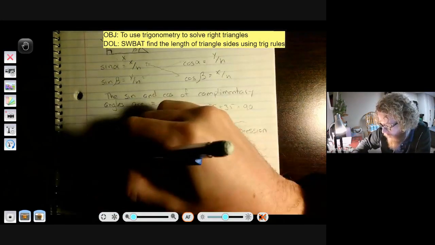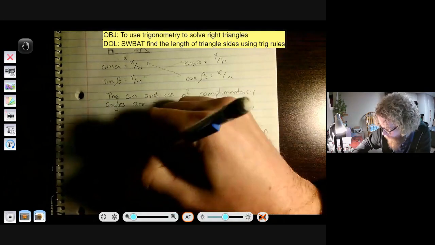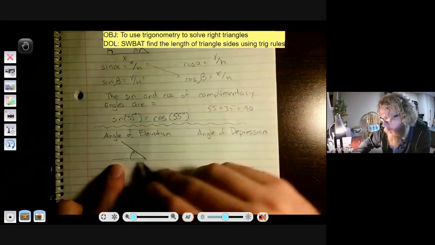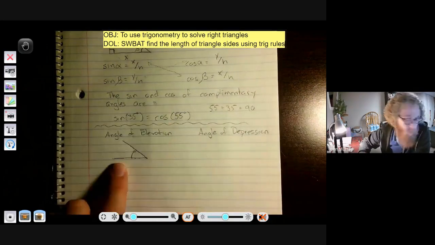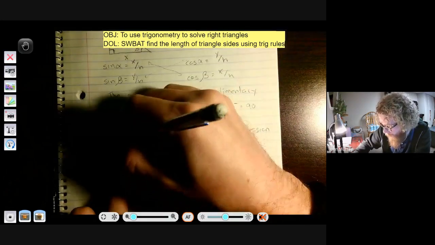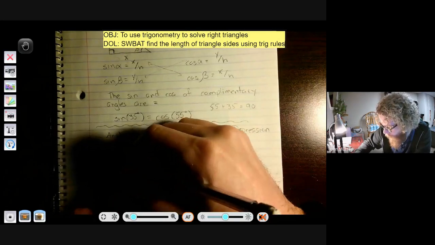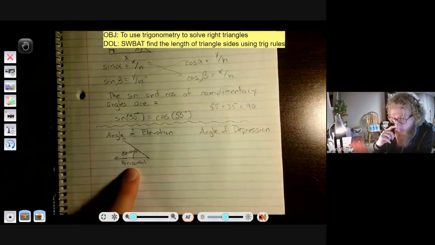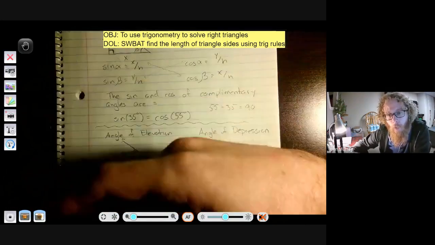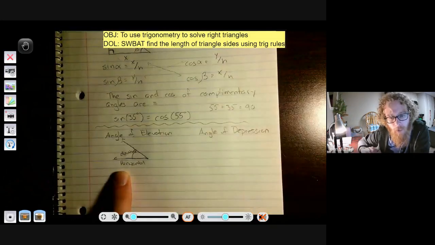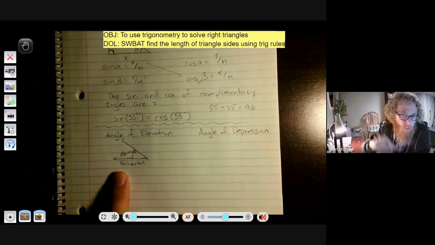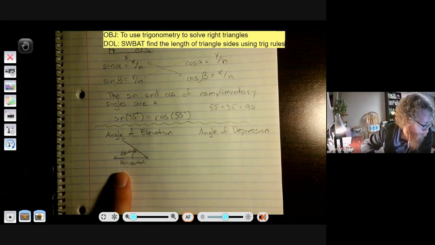When we talk about angle of elevation, it is when we go from a horizontal line and we're looking up. So it's always in reference to some horizontal line. You have a horizontal line and you're looking up, or maybe you have a wire that's connecting to the top of your telephone pole. If you're going up in that direction, we call that the angle of elevation.